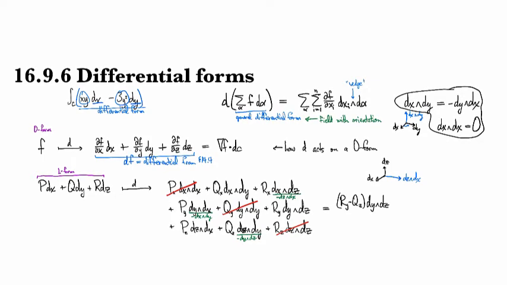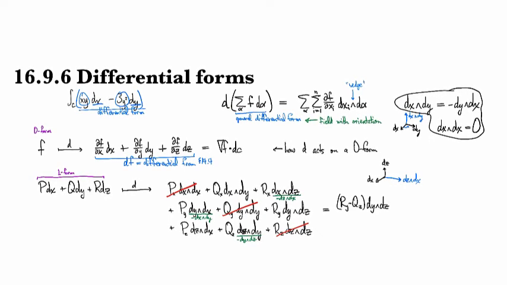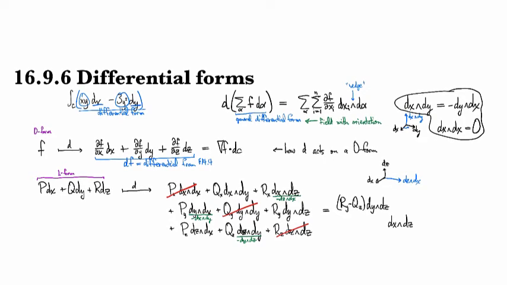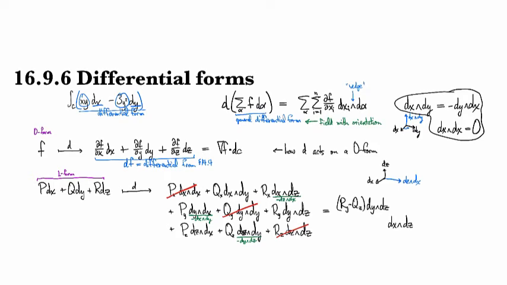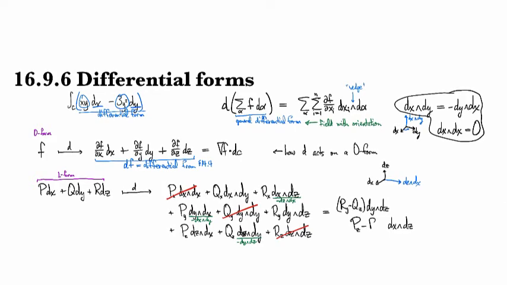So that's going in the x direction. And then we need the thing that's going in the y direction. That's going to be the coefficient of dx wedge dz. We've got one here and one here, and so that gives us pz minus rx.